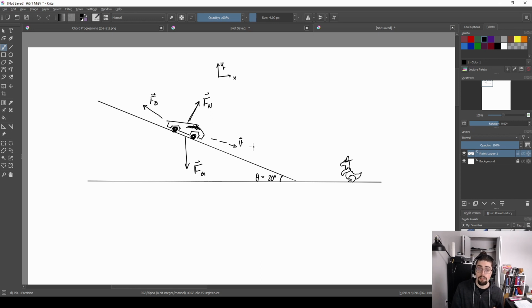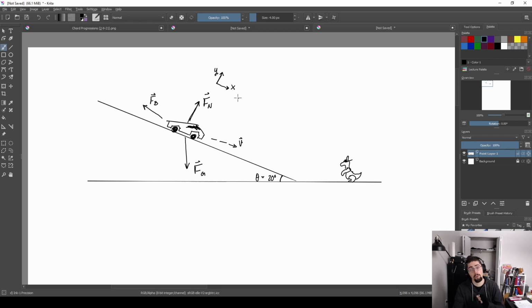If instead I was clever and picked different axes, maybe some other way that I could arrange all of my forces that would still get the job done, but might make this a little bit easier. The best way that I would imagine this is to label Y coming like this, and X going down the slope.